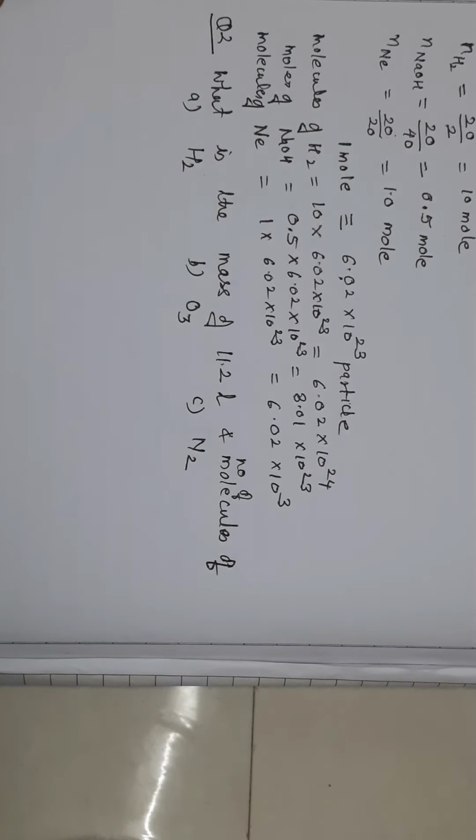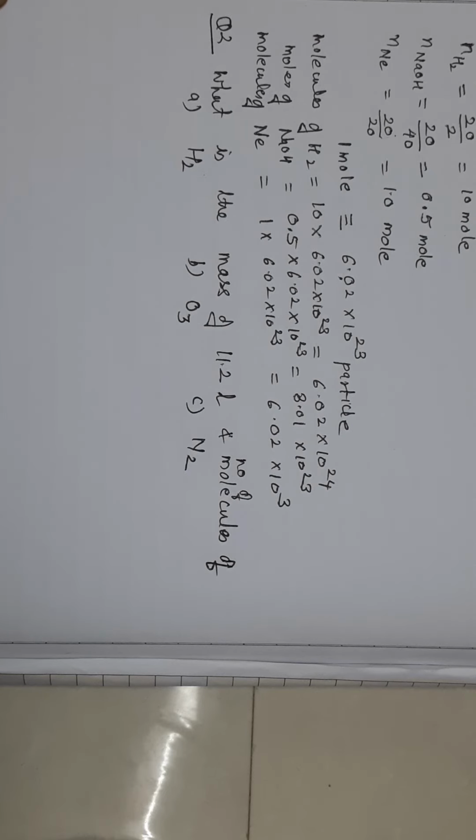The question asks that we have 11.2 liters of hydrogen, ozone and nitrogen respectively, and they are asking what will be their mass and the number of molecules present in each of them.